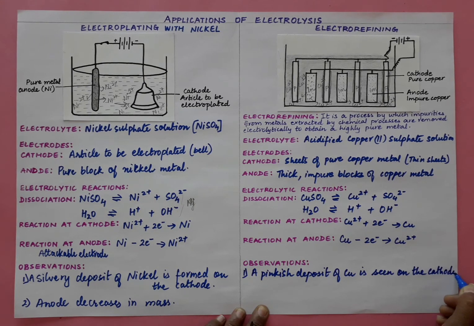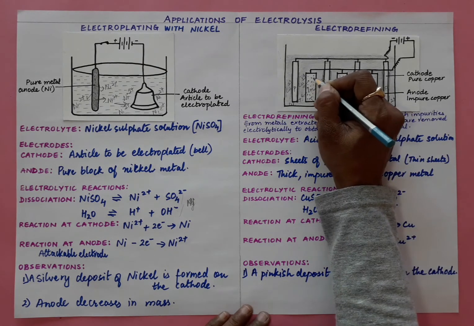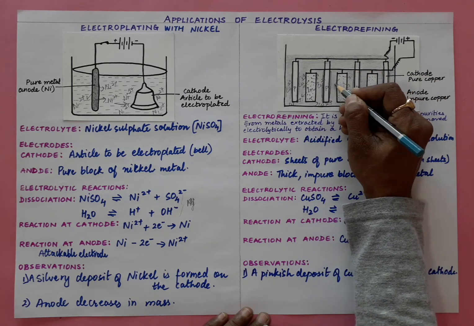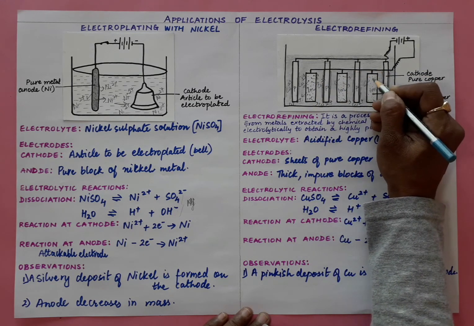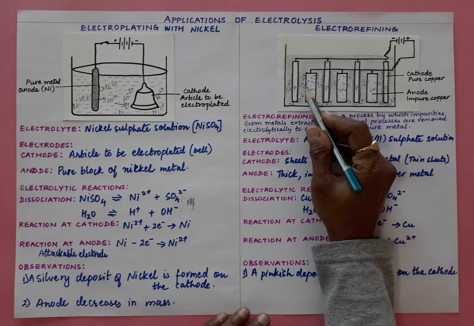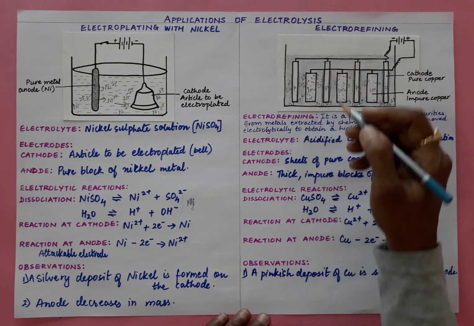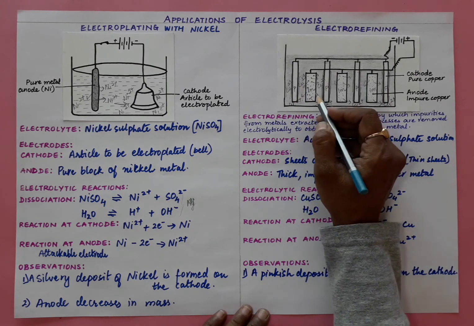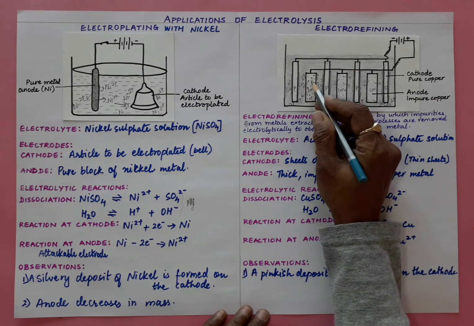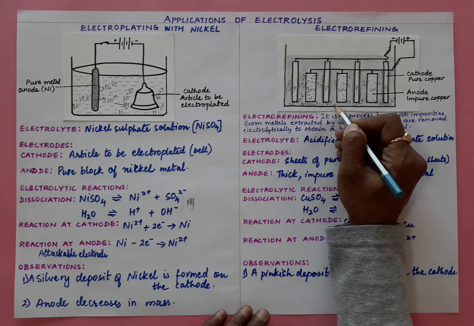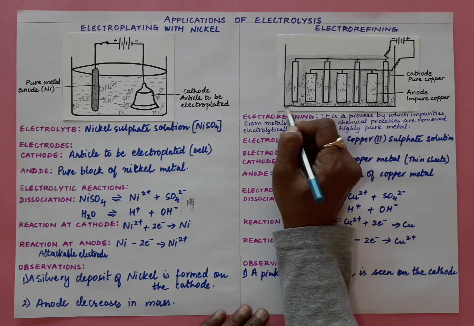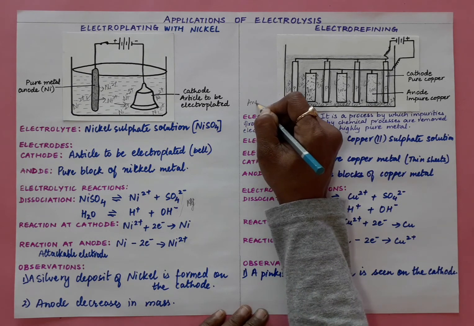Now another thing: once all these atoms turn into ions, the bonding between the impurities and the atoms becomes loose. Because all this is getting deposited on the cathode, the thin cathode will become thick, and the remaining impurities will fall down at the bottom of the anode, and that is known as anode mud or slime.